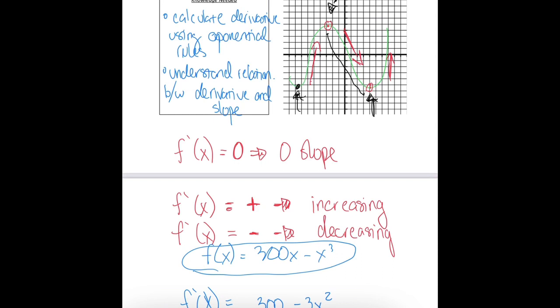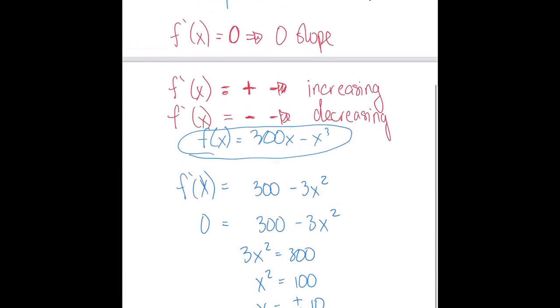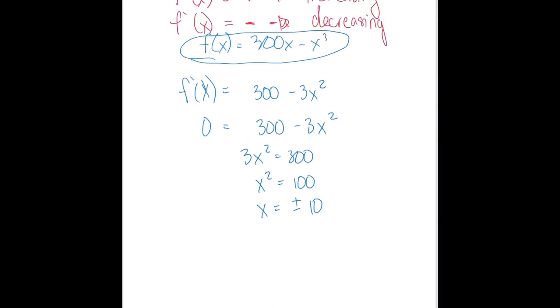Okay? So for our example down here, we know that our 0 slope happens at negative 10 and 10. So I'm going to set up some intervals. Okay. First interval I'm going to set up is negative infinity to negative 10. And we'll take a look at the graph to see why we're setting it up this way.